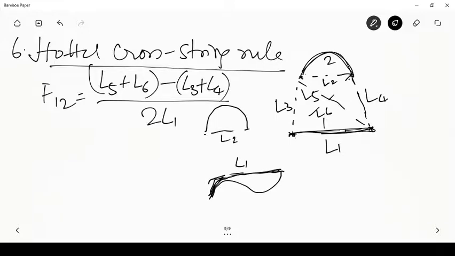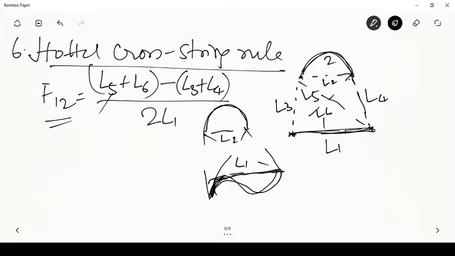So this is L2, irrespective of what the length of the real surface is. Then if you use the cross strings between these, the same formula would apply. So this is the ingenuity of the cross-string method. It gives you methods for calculating F12, even if the surfaces are slightly irregular.